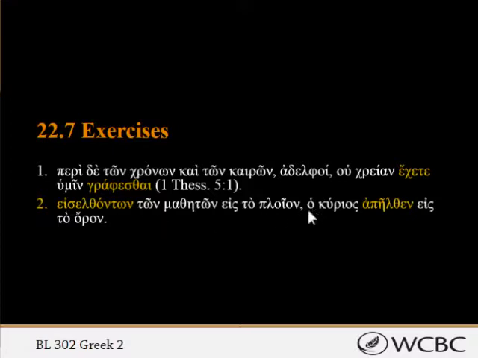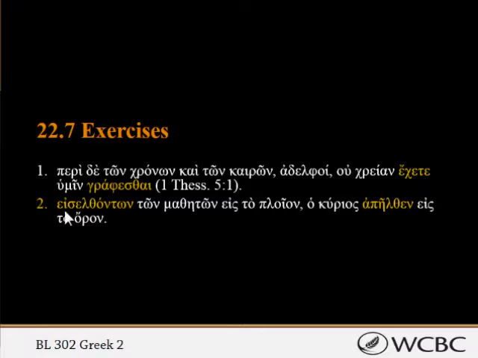So that's giving us the time, and that's compared to the time of our main verb, apēlthen, which comes from the word aperchomai, which means to go away. That would be parsed as aorist active indicative, third person singular. So after the disciples entered into the boat, the Lord went out to the mountain. The Lord went out to or into the mountain.